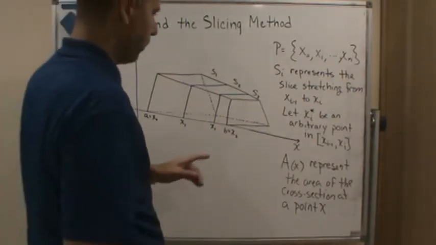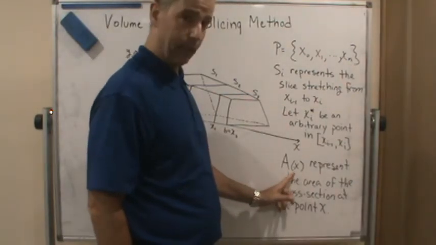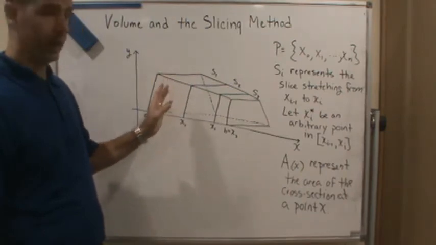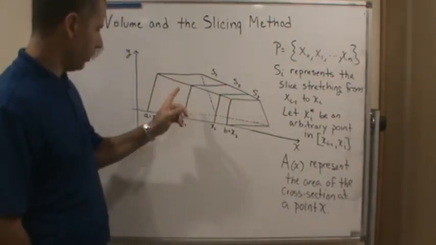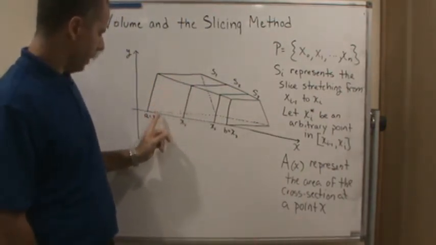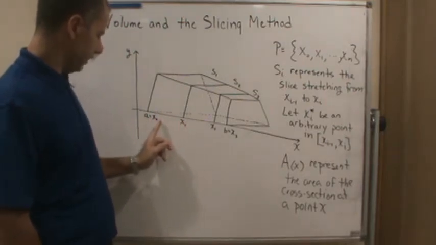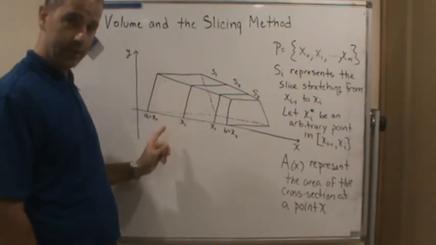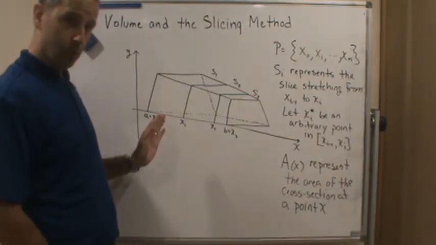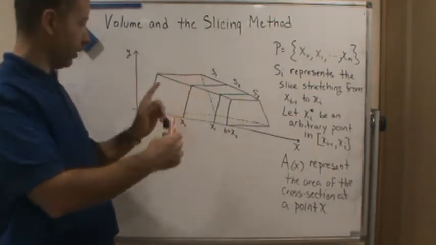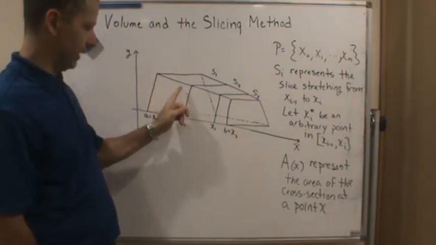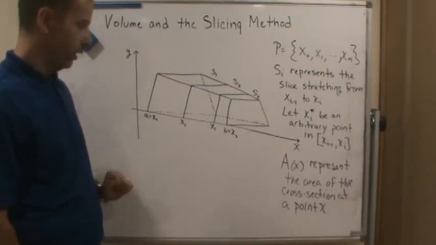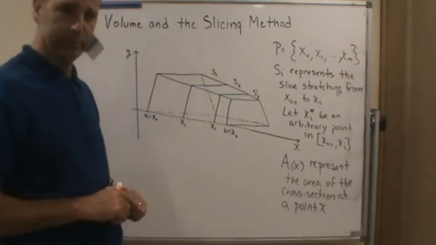That's what we're going to use in our area. Why? Because we're estimating. We pick a point along the x-axis, calculate the area of that cross-section at that point, and pretend that this is a rectangular prism. So there's a little bit of error.